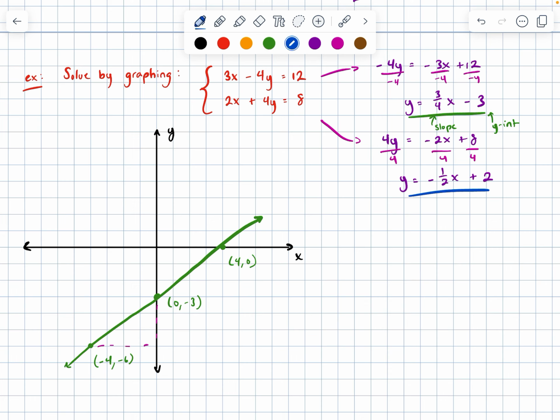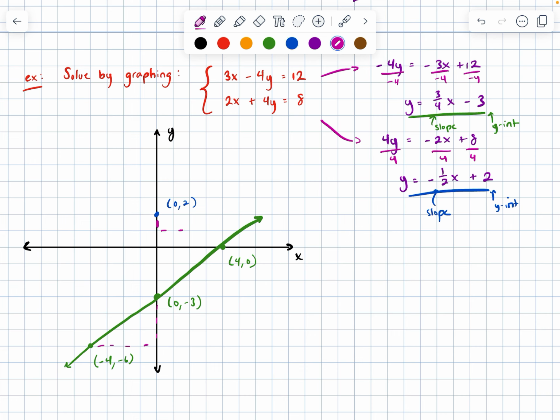There we go. We're pretending that this line is perfect and straight and connects all 3 of our points beautifully. There's our graph. For our second one, right, its y-intercept is 2. So I'll start by putting 0, comma 2 on my graph right over here. And I know that negative 1/2 is my slope. I'm going to be strategic here. I'm going to find points only to the right. You'll see why in a second. So I'm going to use my negative 1/2.